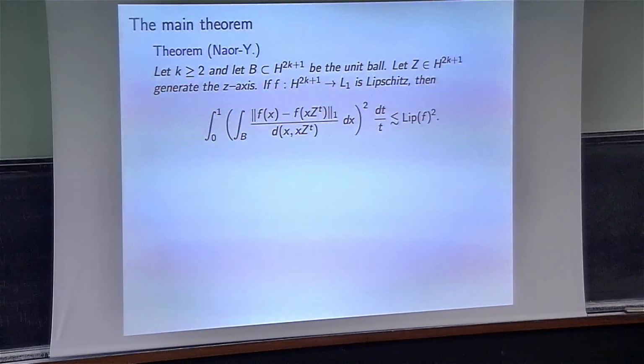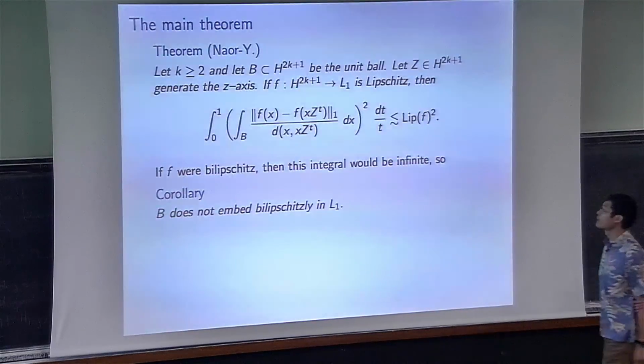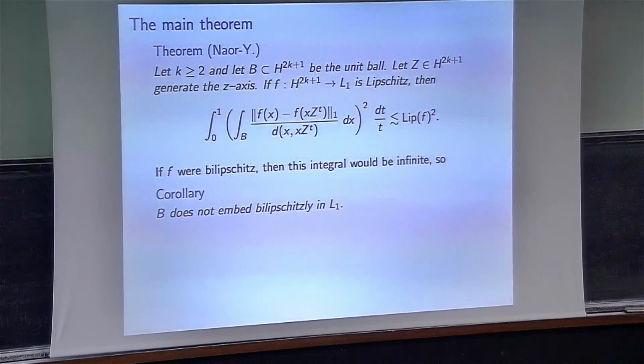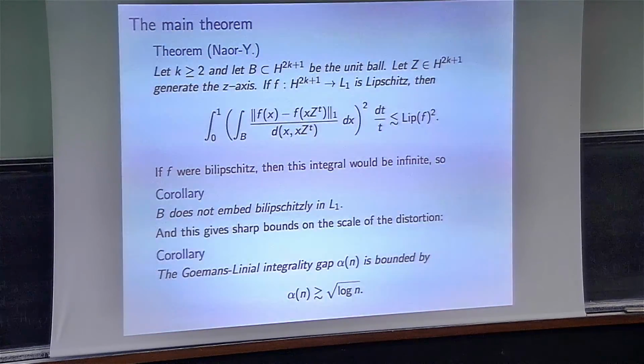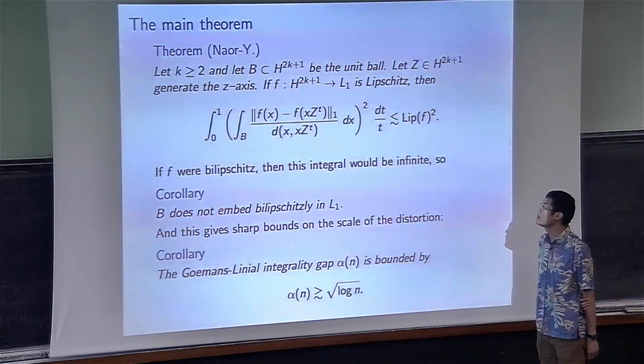So in particular, this excludes the possibility of a bi-Lipschitz map, but it also gives us very strong, very sharp bounds on how much distortion there has to be.